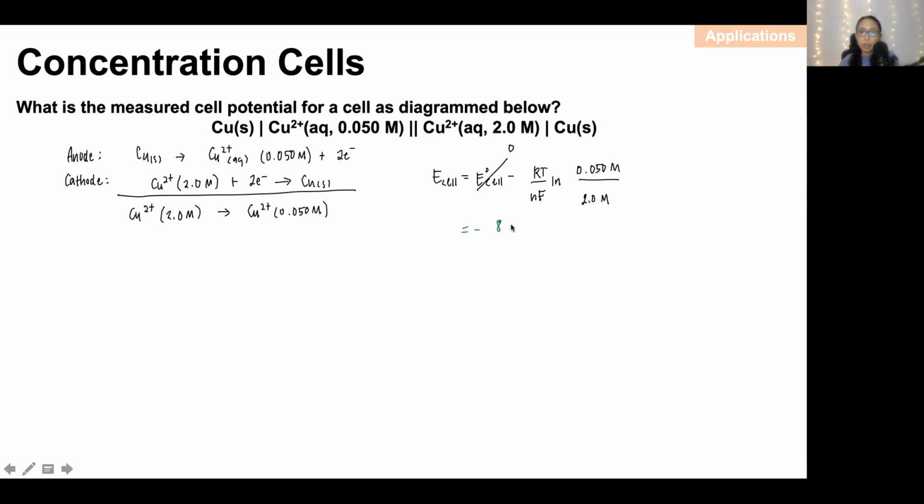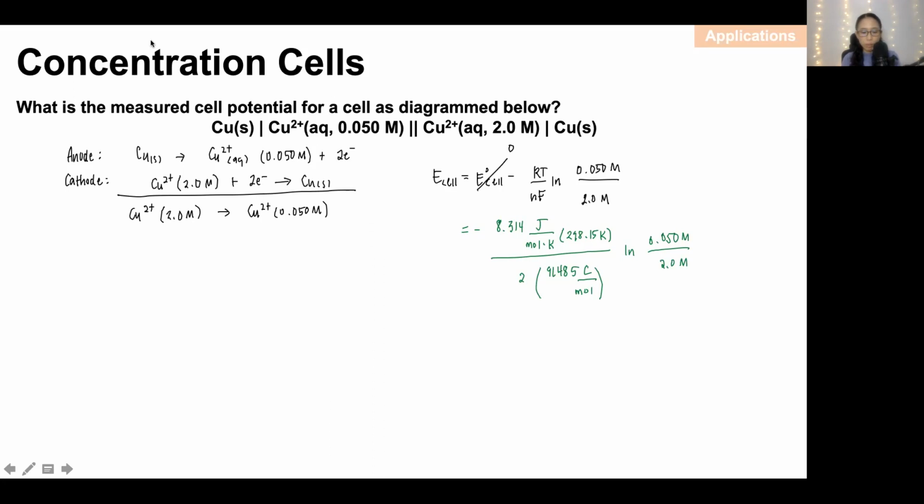So that is negative 8.314 joules per mole per Kelvin times 298.15 Kelvin over 2, the electron number is 2, times 96,485 coulombs per mole, Ln 0.050 molar over 2 molar. So what is the measured cell potential?